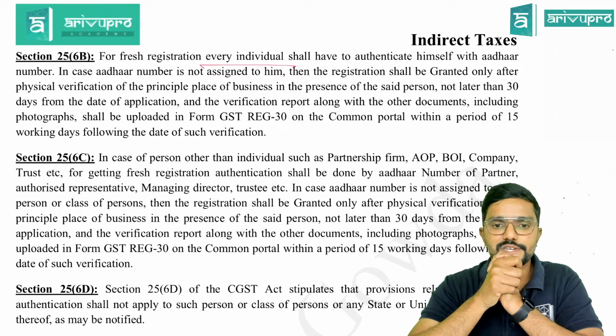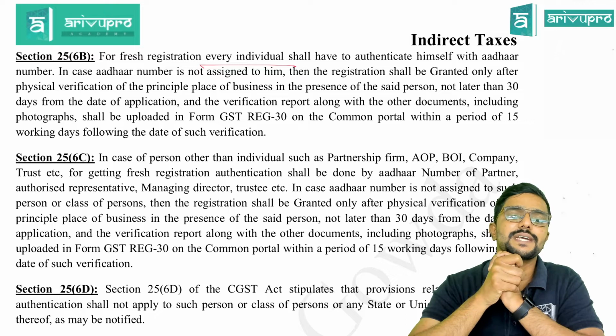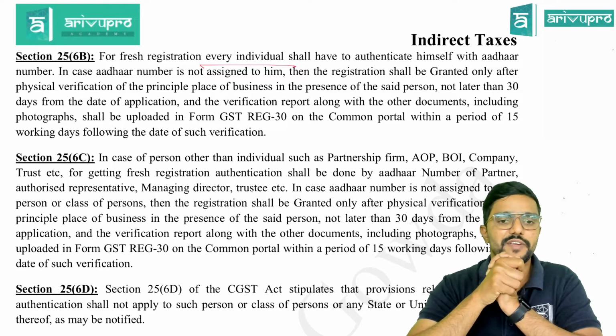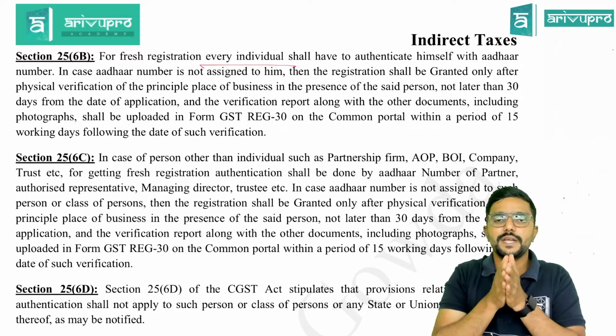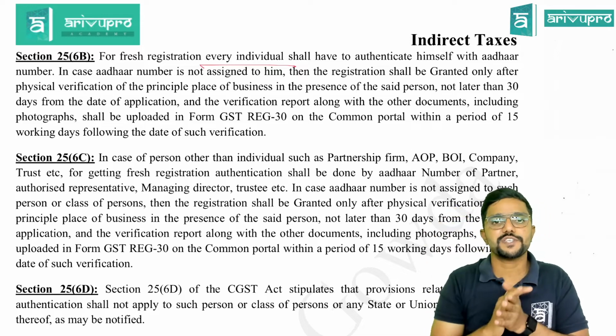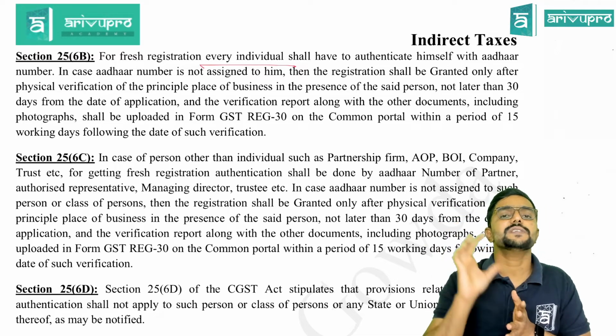REG stands for registration. On the common portal, that is gst.gov.in, within a period of 15 working days following the date of such verification. Now, every individual who is applying for registration under GST has to give his Aadhaar.